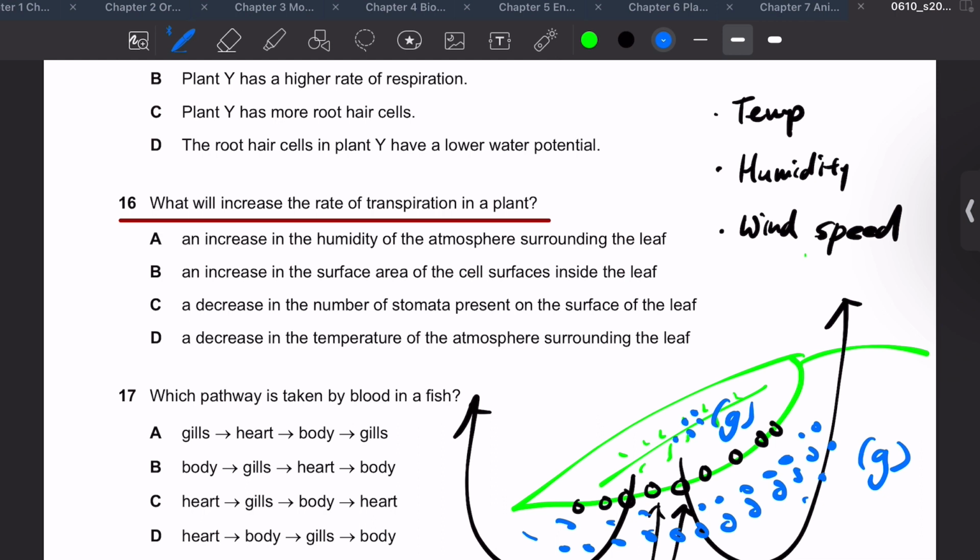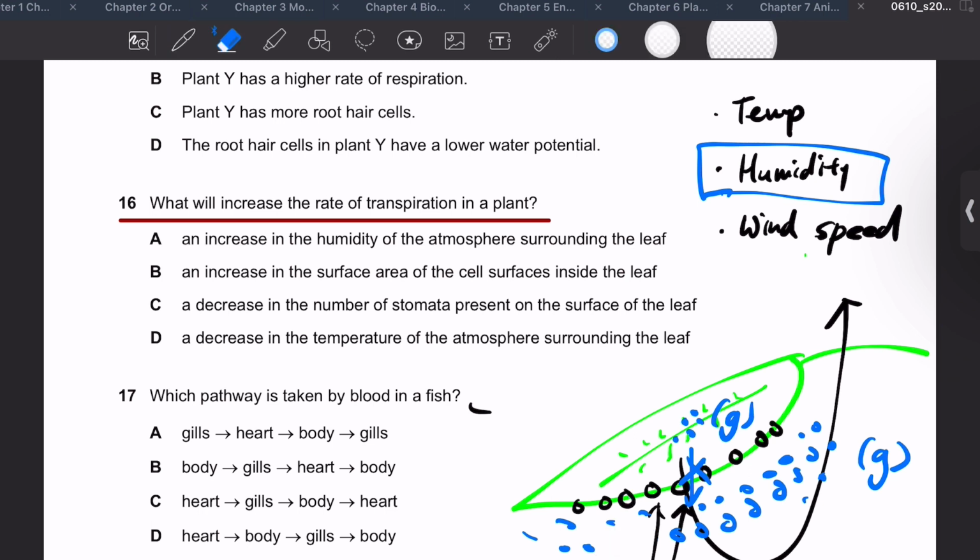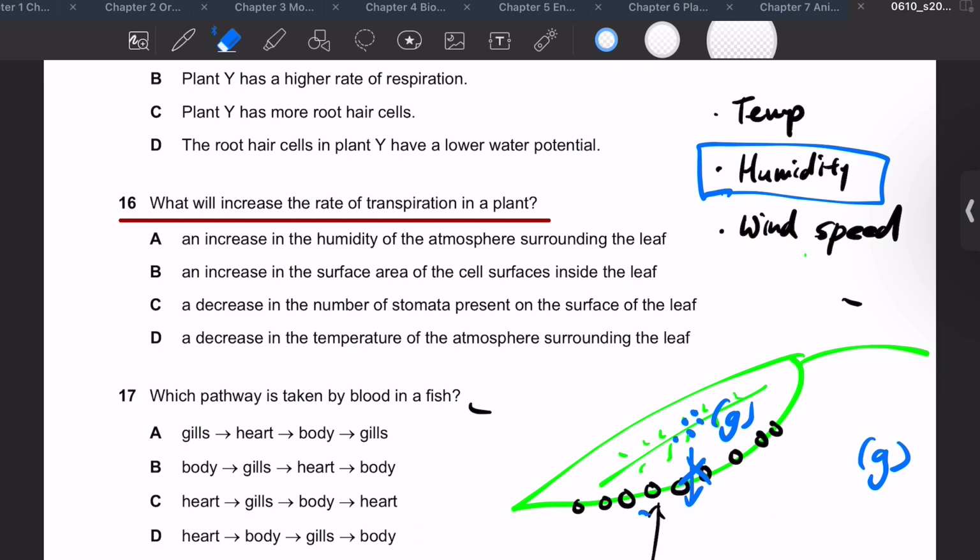Gas does not travel from low concentration to high concentration. So there's going to be less transpiration if humidity increases. If there's a decrease in humidity, of course, there's going to be more transpiration because diffusion will occur. There's more water vapor inside the leaf, so it's going to diffuse more if there's low humidity.